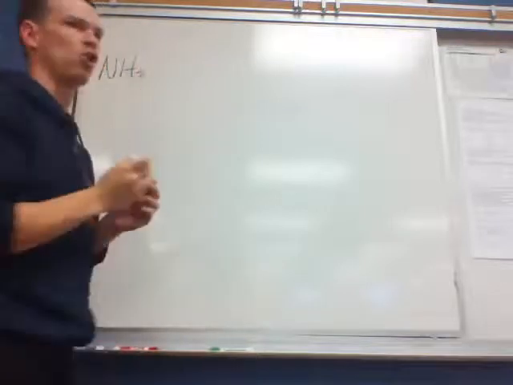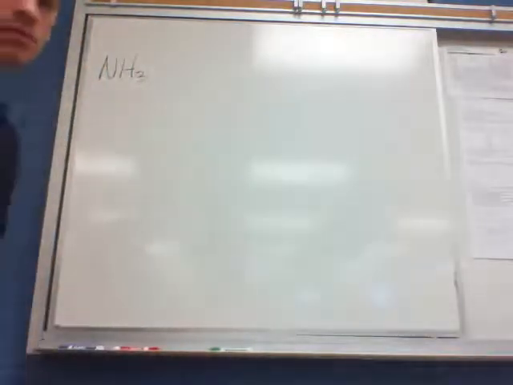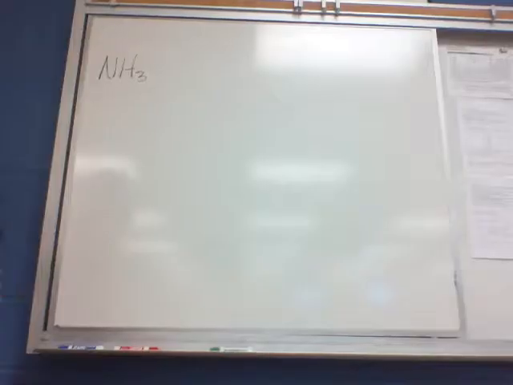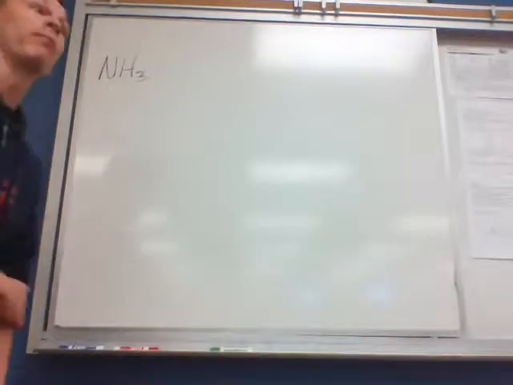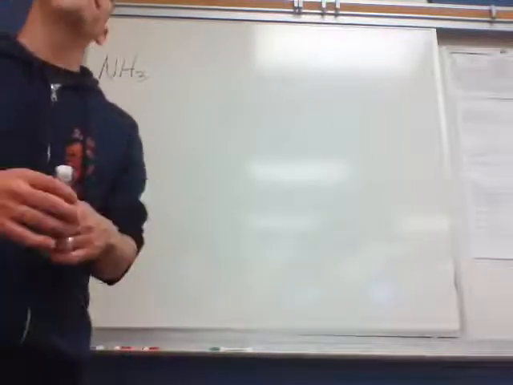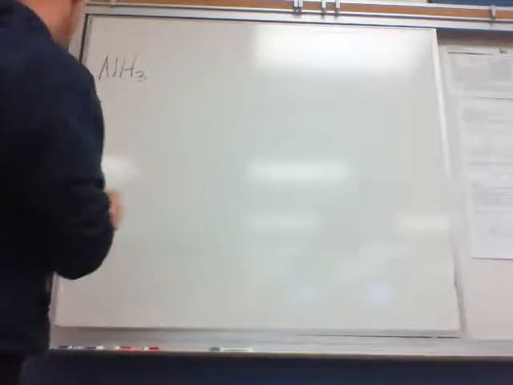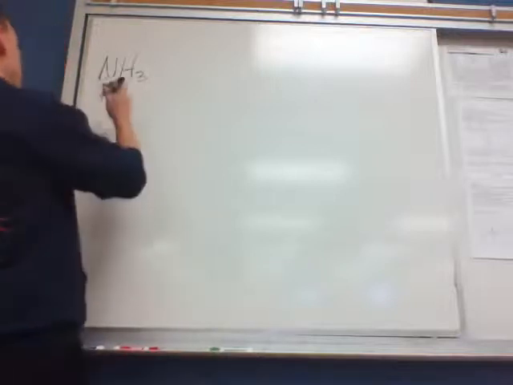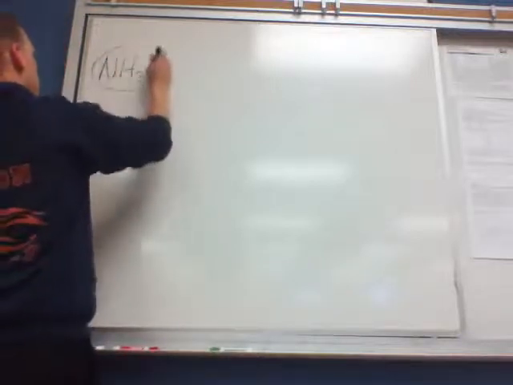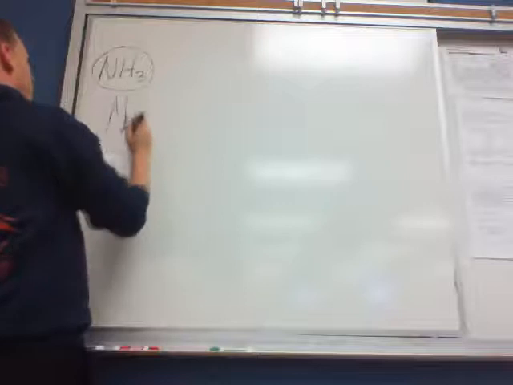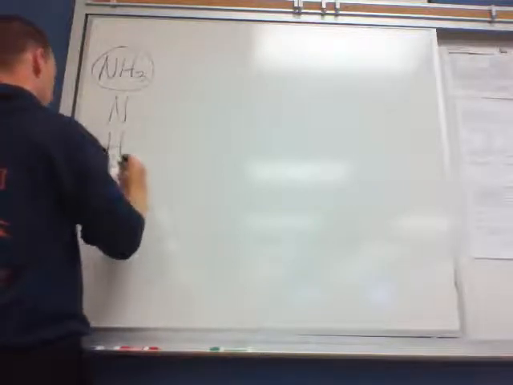Let's do nitrogen trihydride. Reading straight off the cheat sheet, step 1. We need to know the total number of valence electrons in the compound. I'm going to do that by breaking him up into his parts, 1 nitrogen and 3 hydrogens.